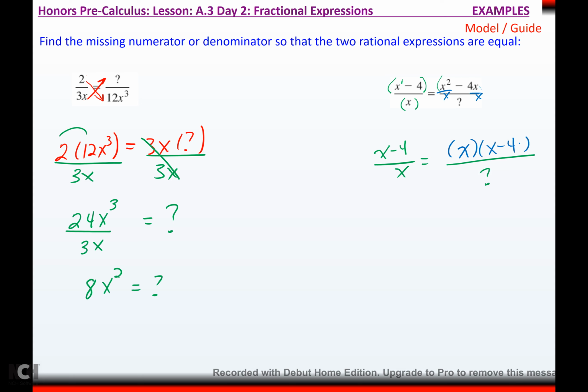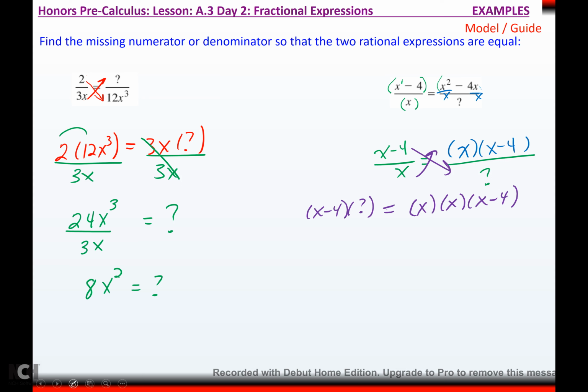So now when I do my cross multiplying, I have x minus 4 times the question mark equals x times x minus 4. And I'm not going to multiply that all out yet.